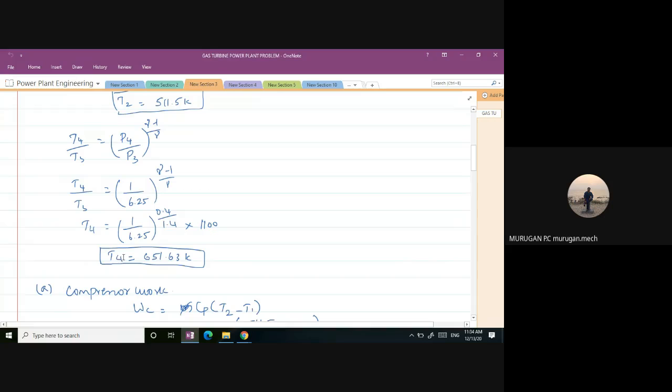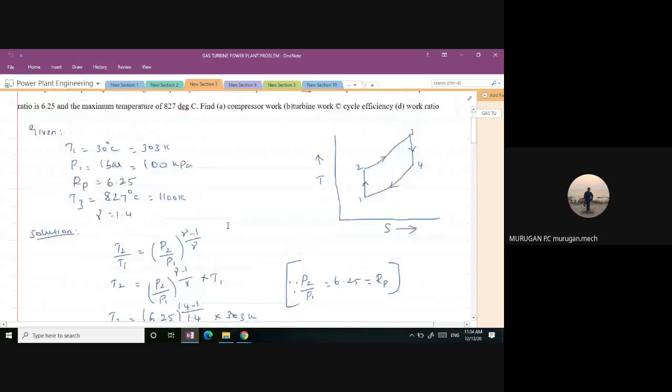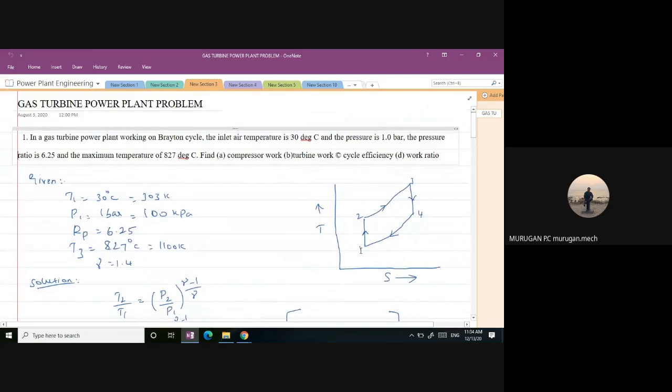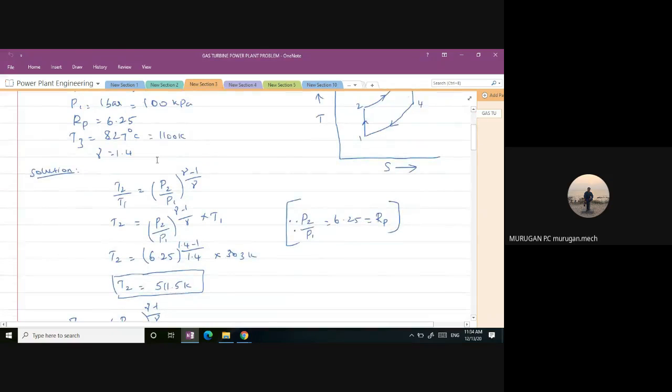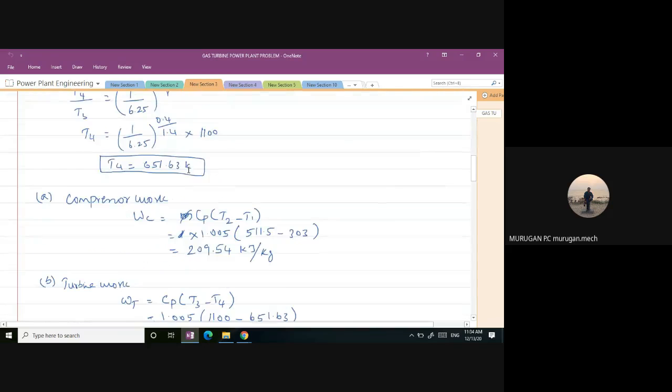We obtain the final temperature as 651.63 Kelvin. So we have got all the temperatures in this TS diagram. The initial temperature is T1, the intermediate temperature T2 is 511.5 Kelvin, the third temperature is already given, that is 1100 Kelvin, and the final temperature is 651.6 Kelvin.